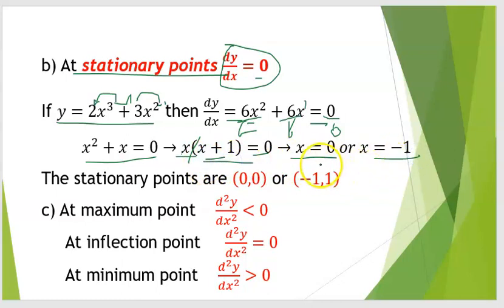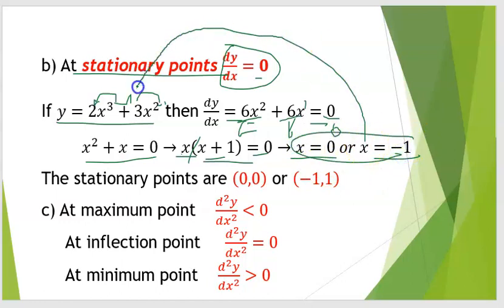Once you have the values of x, we can substitute them back into the original equation to get the values of y. When x is 0, y is also 0. So the first stationary point is (0, 0).